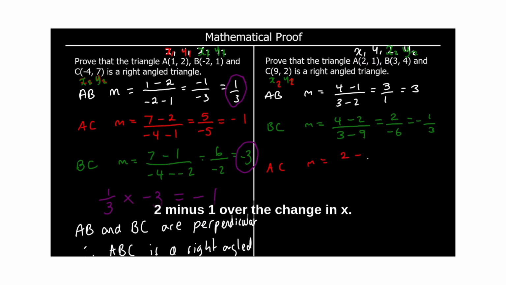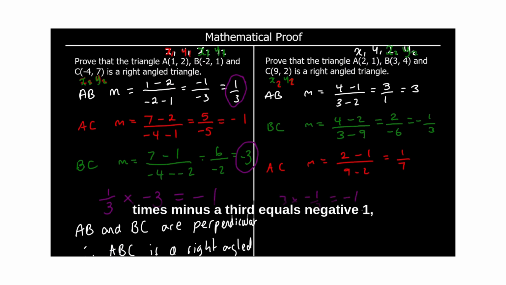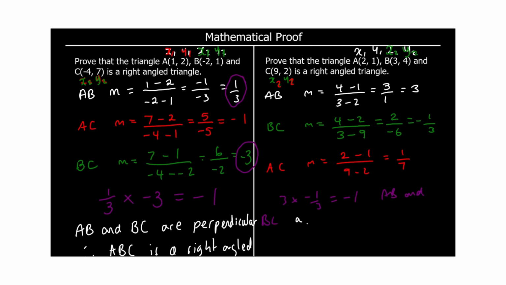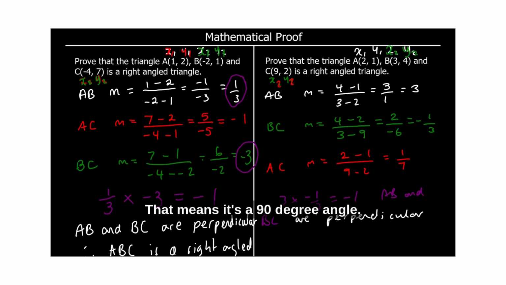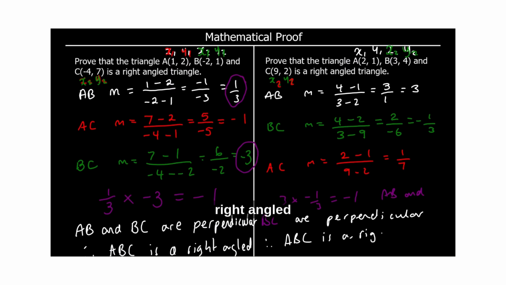So the change in y, 2 minus 1, over the change in x, 9 minus 2, which is 1/7. So because 3 times minus a third equals negative 1, that means AB and BC are perpendicular. That means it's a 90-degree angle. Therefore, ABC is a right-angled triangle.